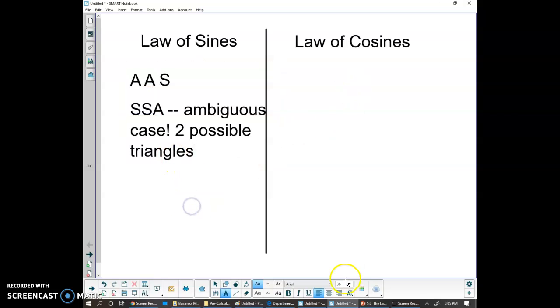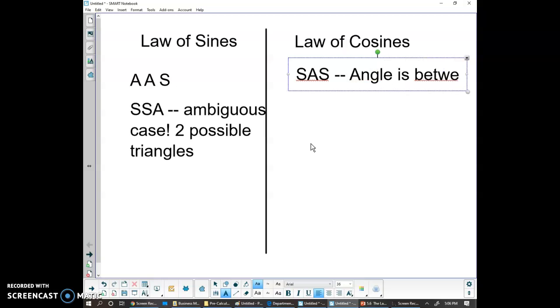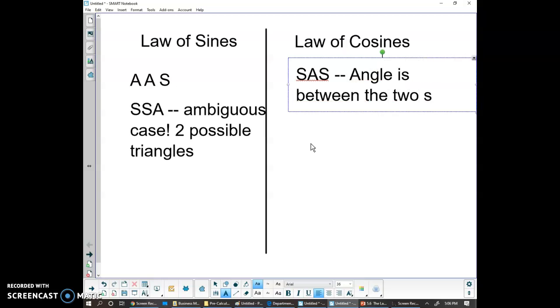Today we're going to learn about the law of cosines. The law of cosines is for when you're given side, angle, side. Notice the angle is between the two sides. In side, side, angle, the angle is not between the two sides.